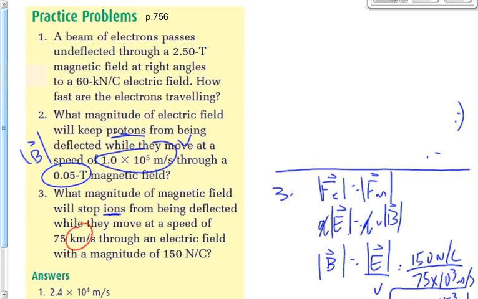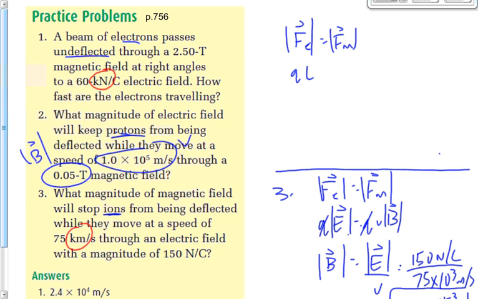A beam of electrons passes undeflected. Undeflected, again, it's the velocity selection chamber. And this is a beam of electrons, so it is a cathode ray tube problem. This magnetic field, this electric field, what's the speed of the particles? Fe equals Fm.